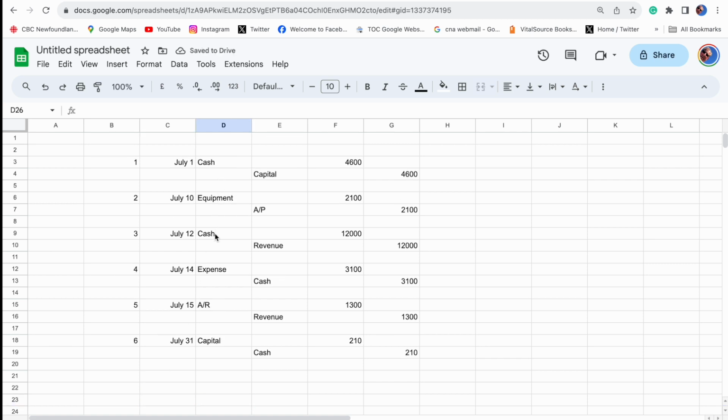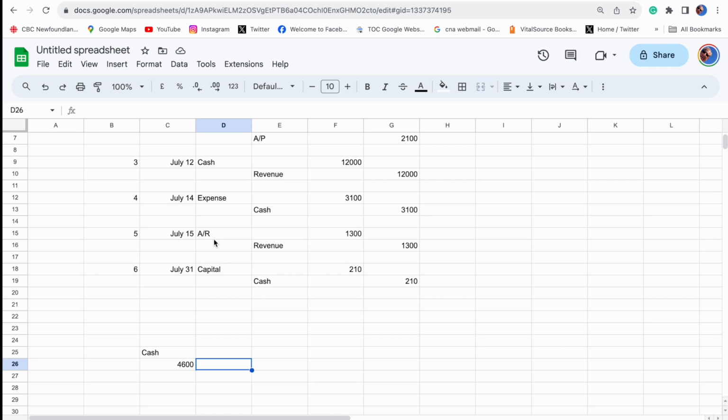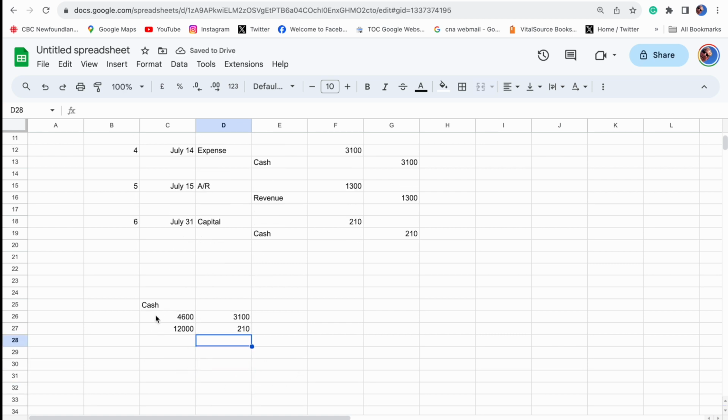And then we look down through, and on the 3rd of July there was another $12,000 in cash. Then on the 14th of July, cash went down by $3,100. And on the 31st of July, cash went down by $210. Effectively, we can think of this as an account of money coming in, money going out.